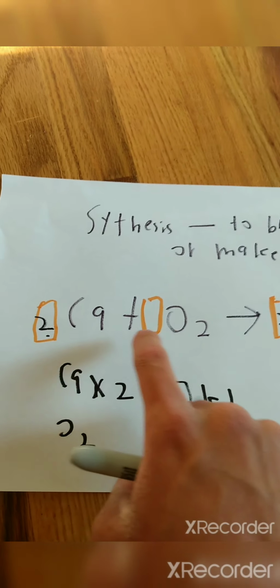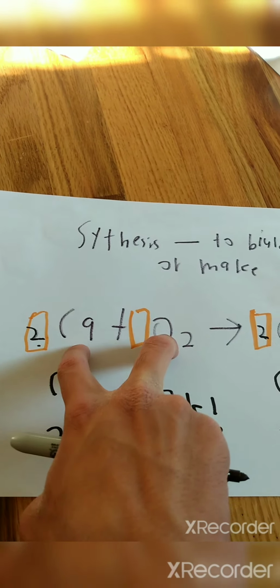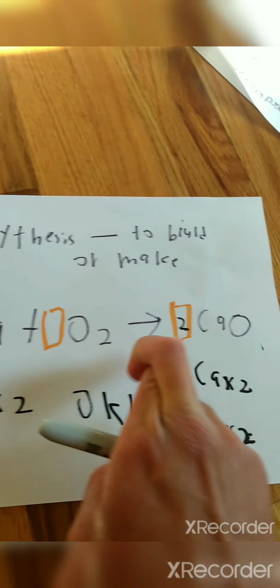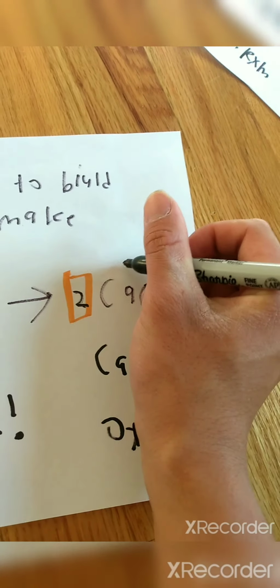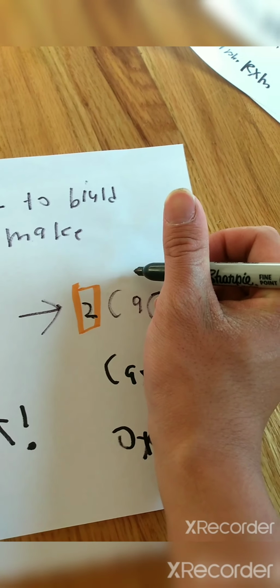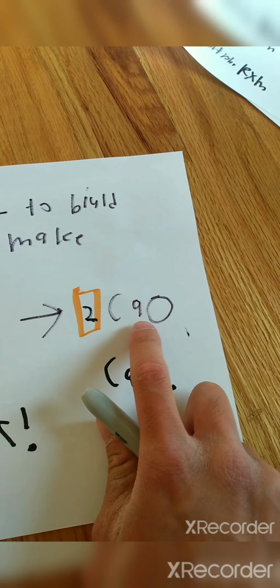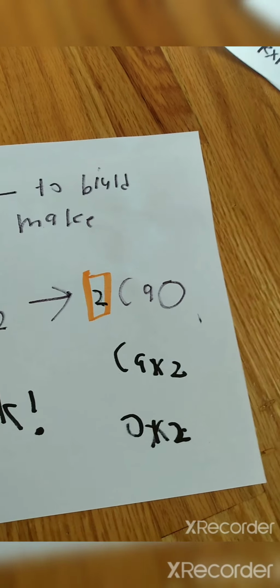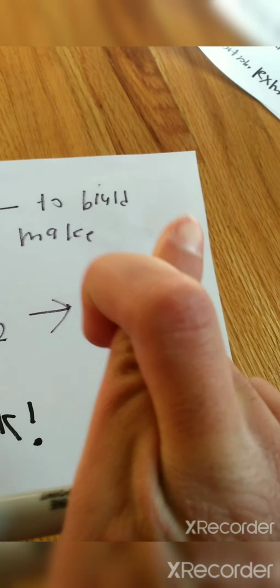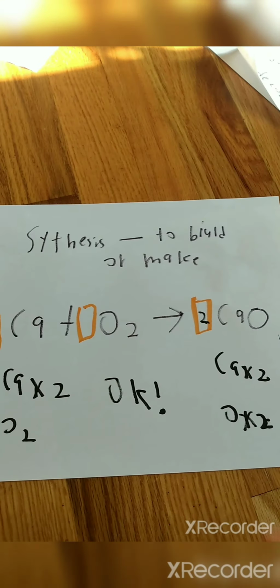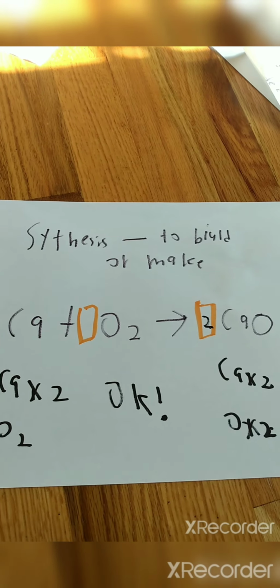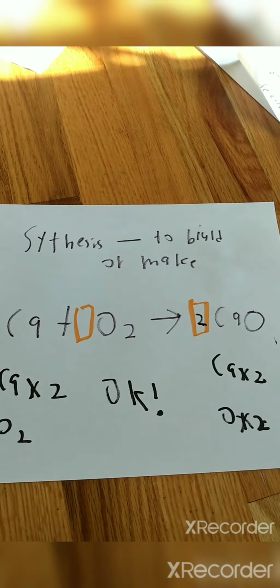So calcium and oxygen are actually going to be added and mixed together in order to make this right here. What we call this is a compound. A compound is a mix of at least 2 or more elements that are combined together or teamed up together. Here's an example of a synthesis reaction, to build or make.